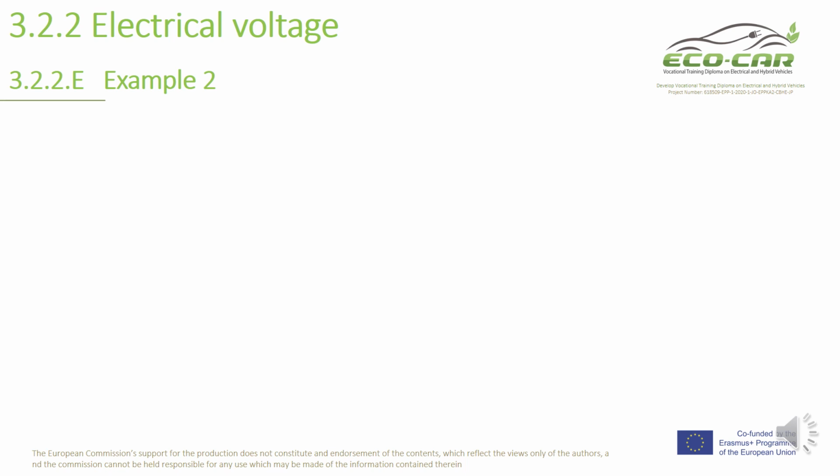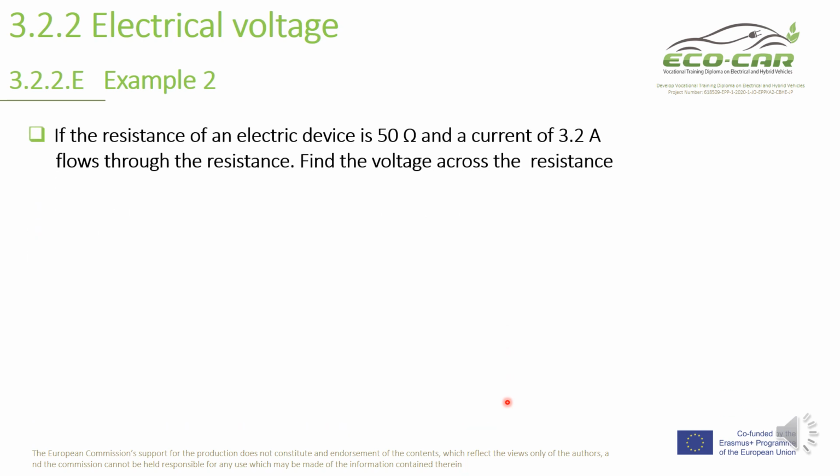Another example. If the resistance of an electric device is 50 ohm and a current of 3.2 ampere flows through the resistance, find the voltage across the resistance.